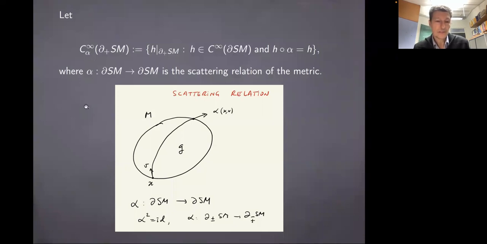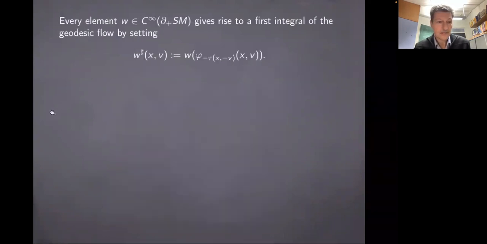This is a space that was introduced by Pestov and Uhlmann in roughly 2005, and you will see why in a minute, because it can be related to first integrals of the geodesic flow, which can be constructed in a very simple way. If you take a function on the influx boundary, you can easily make it into a first integral, namely a function on the whole unit tangent bundle which is constant along the orbits of the geodesic flow.